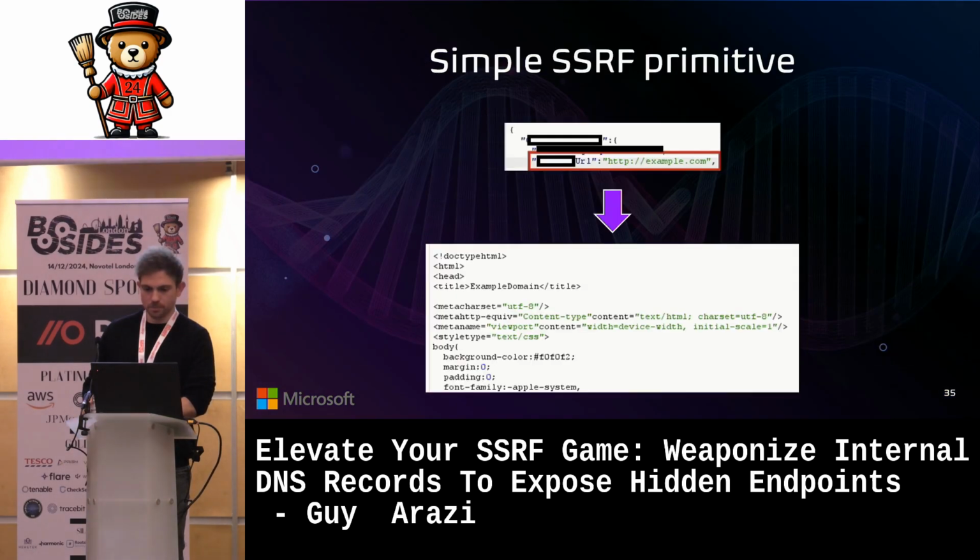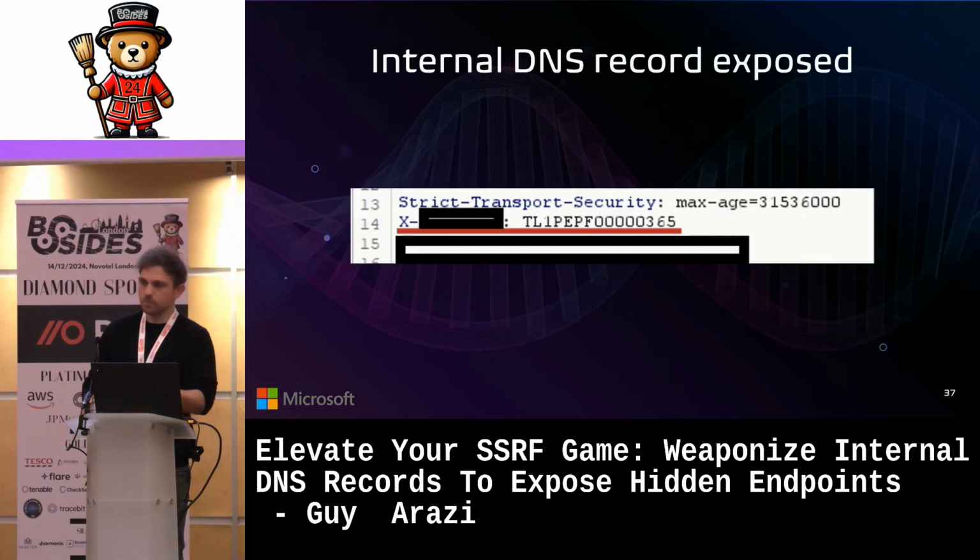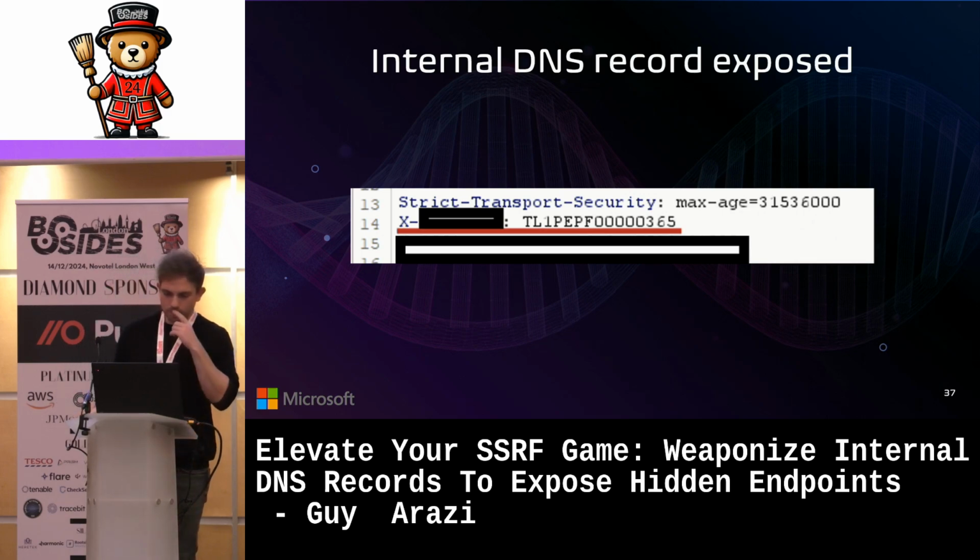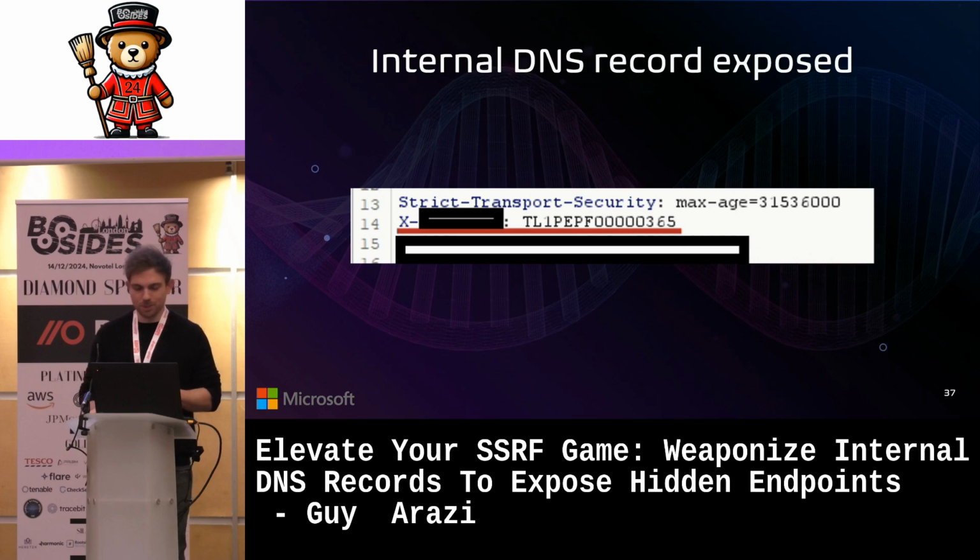You mean this one? Mm-hmm. So this is a very sensitive Microsoft service feature that you probably all know, which essentially blocked our way to access internal hostnames in every way.